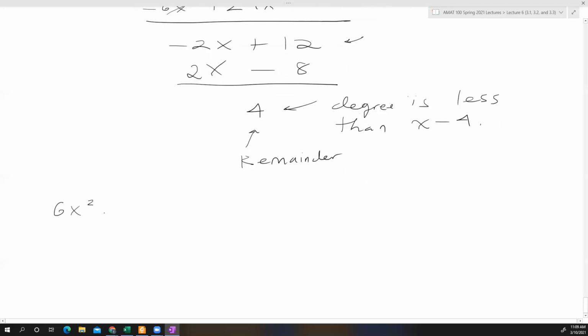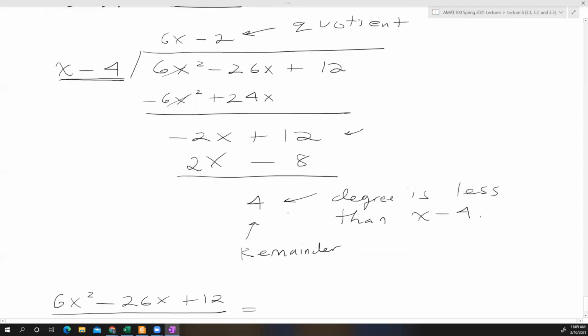Another way of expressing this problem is that we have the following fraction and we want to decompose it. So we have 6x squared minus 26 plus 12, and we're dividing it by x minus 4. And because of the above work, we can decompose it in the following way. We write the quotient first, so it's 6x minus 2.